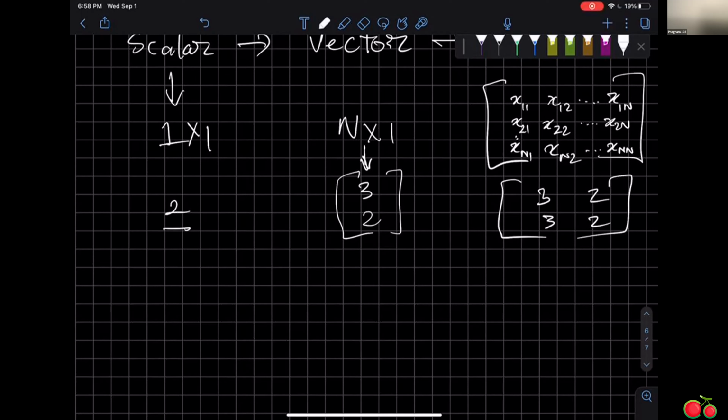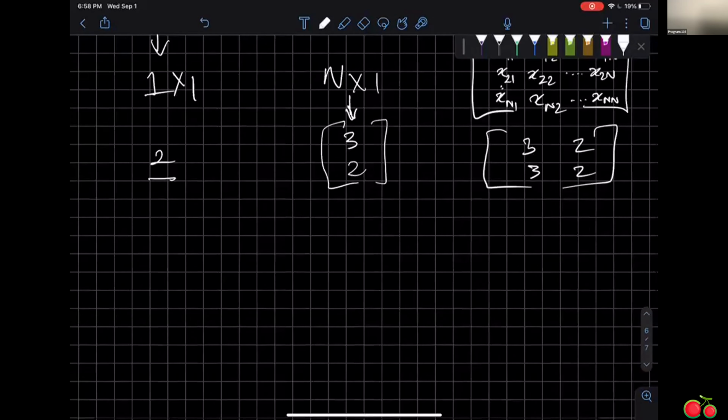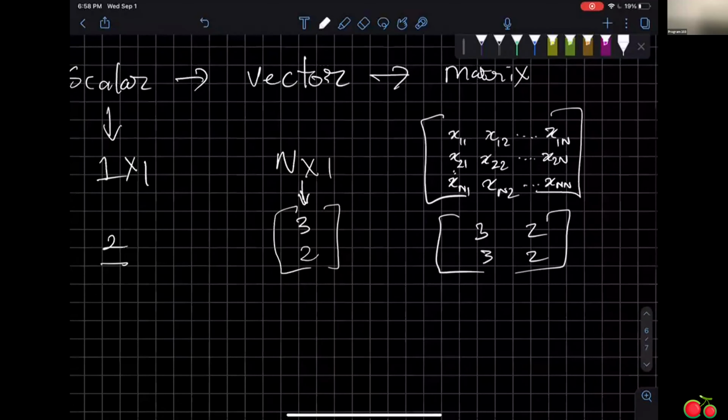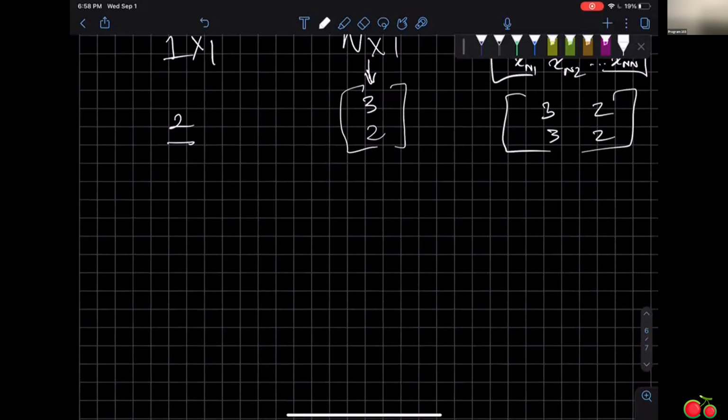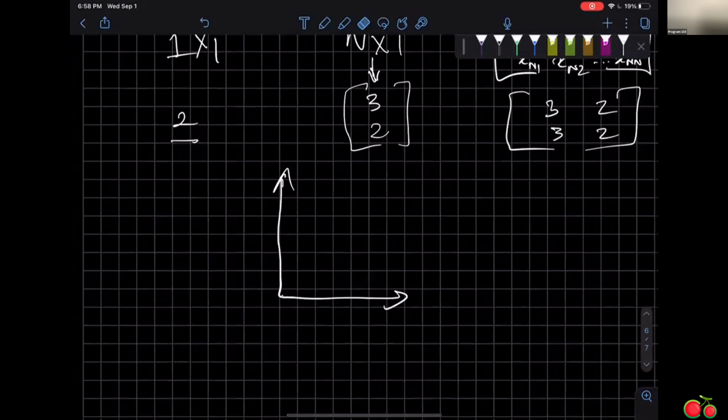The idea of a matrix actually emerged from a very different avenue. Matrices emerged when people started thinking about how to rotate vectors in space. Suppose I have this vector v, with the component vx and the component vy.